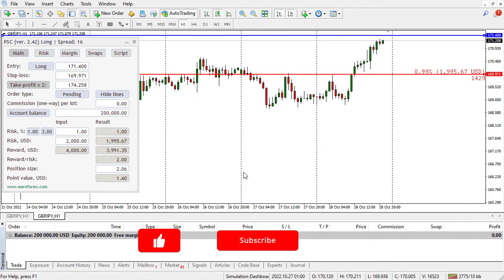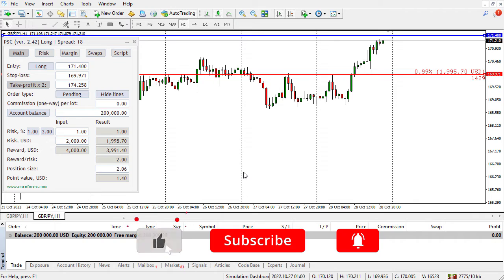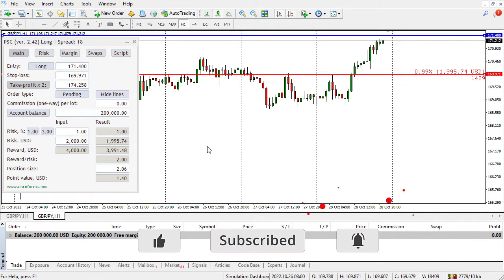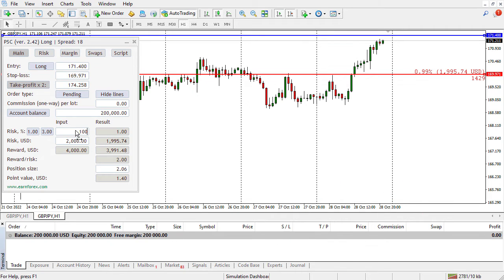If you wanted to be risking 1% of your $10,000 account on each trade you took, that's going to work out to be around $100. Now, if that's what you wanted to be risking, I made a mistake here. I should type in the 100 here. Okay, yeah.